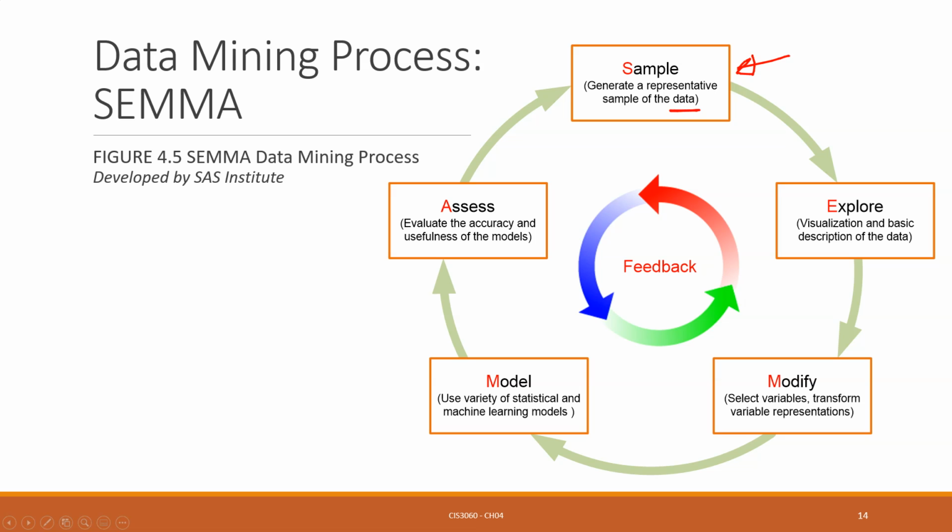What is our data? Let's explore that data and figure out what's right about it. Make our modifications, and once we modify it, usually we store it in a data warehouse. Then we apply our basic statistical models and assess that model for accuracy. This data mining process is a little bit more scientific and less business focused.